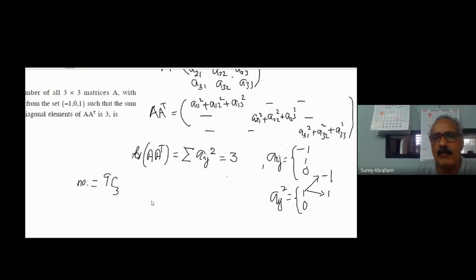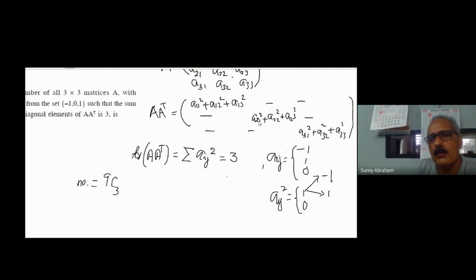The selected ones should be either -1 or +1 so that the square will be 1. Suppose I have selected A11, A12, A13. A11 should be either +1 or -1, whose square will be 1. Likewise A12 and A13 should be +1 or -1. It cannot be 0.